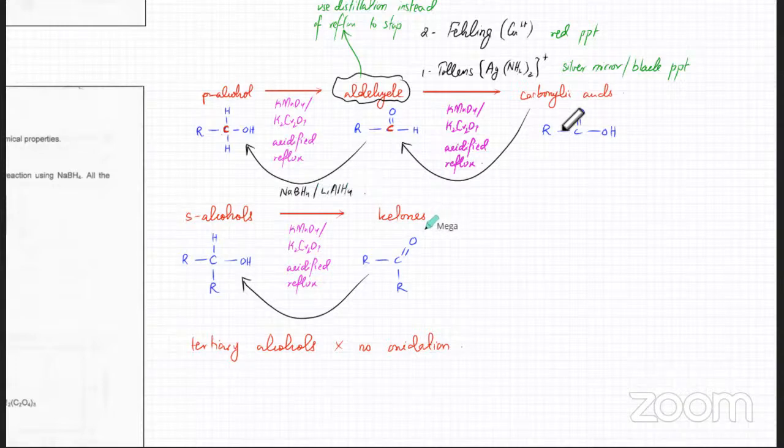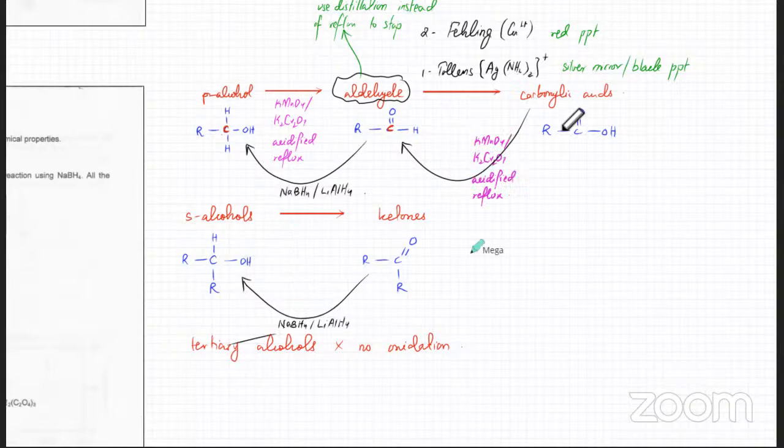Conditions are not important in this case. This one as well, NaBH4 or LiAlH4. That's used for reduction. For carboxylic acids, they're harder to reduce.